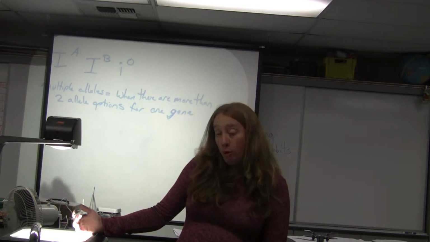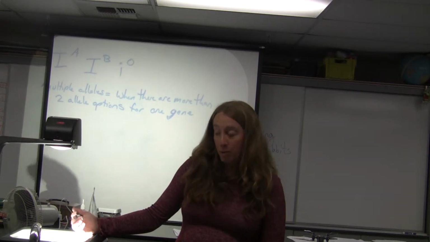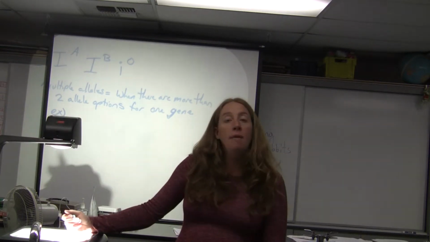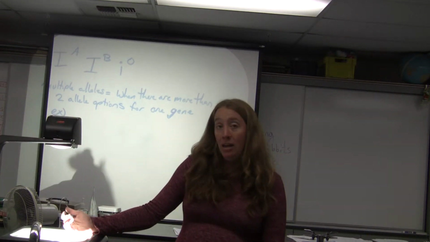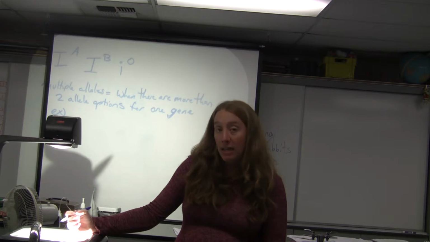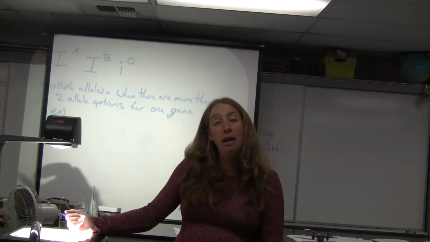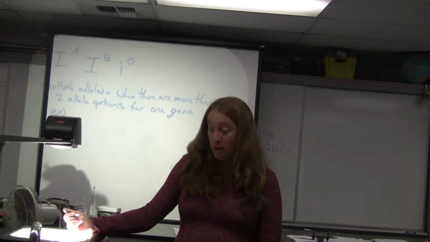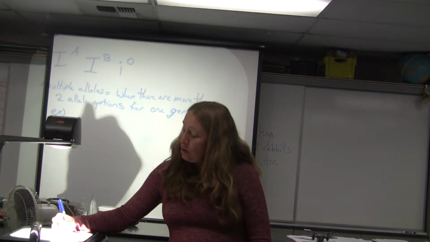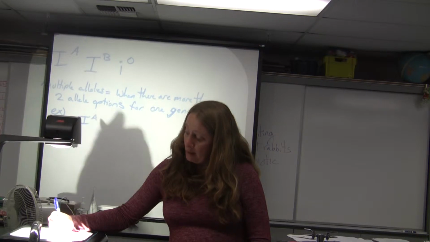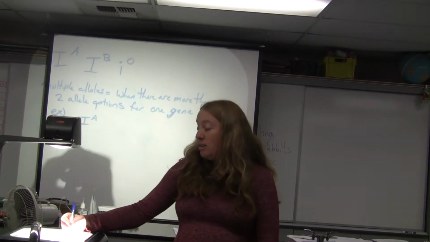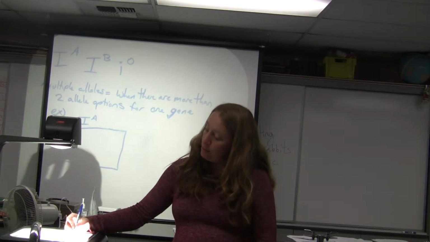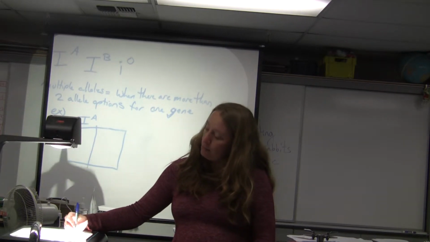So my example, which if you can fit it in the box, please do. My example would be someone who has blood type A who's heterozygous and someone who's blood type B, heterozygous. So my Punnett square would be a dominant letter A, but now I need something to go with that A that is recessive and doesn't show up.